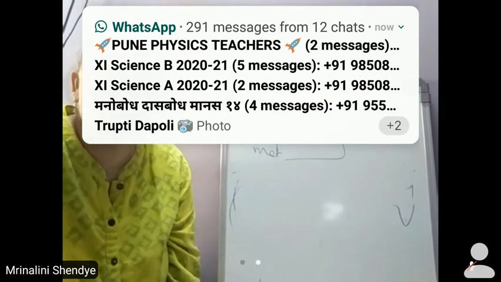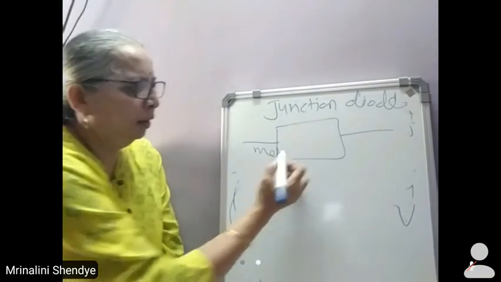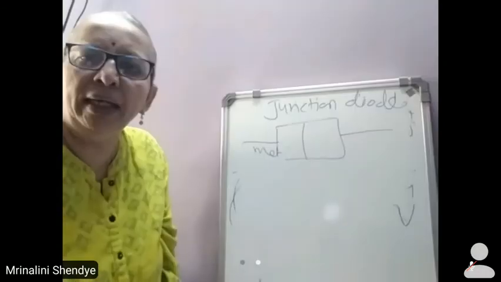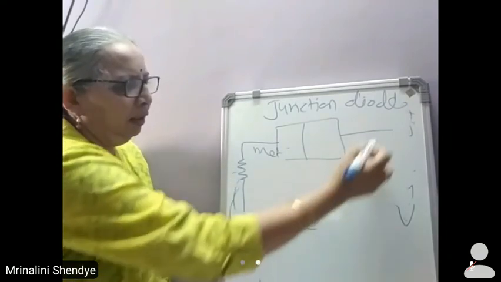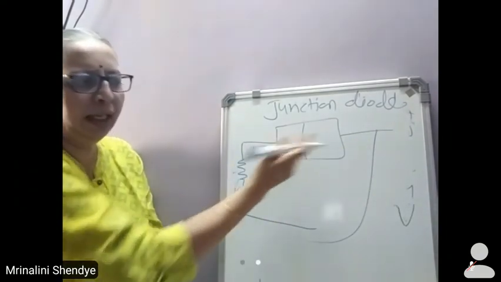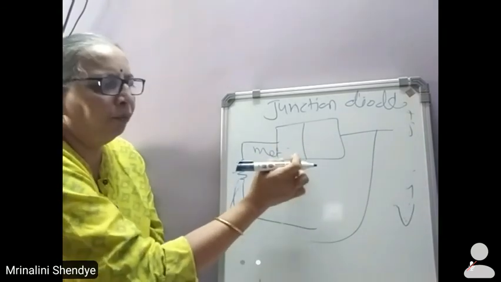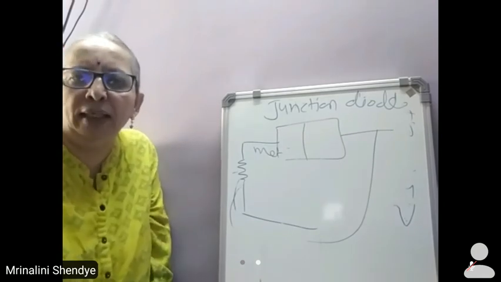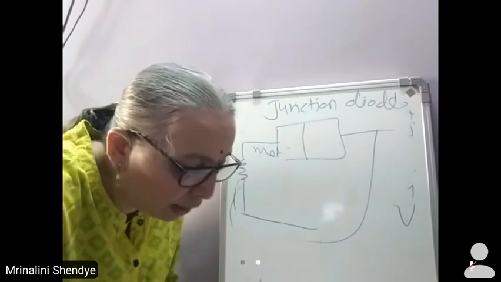If the current is very large, then this junction diode will be damaged, and to protect it, we always connect one resistance in series. So voltage division takes place and the voltage across the diode can be controlled so that it will not get damaged. So the diagrams are given.